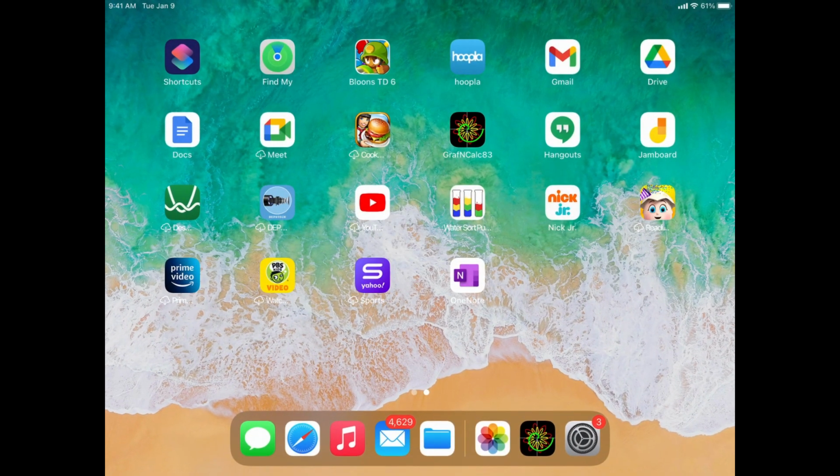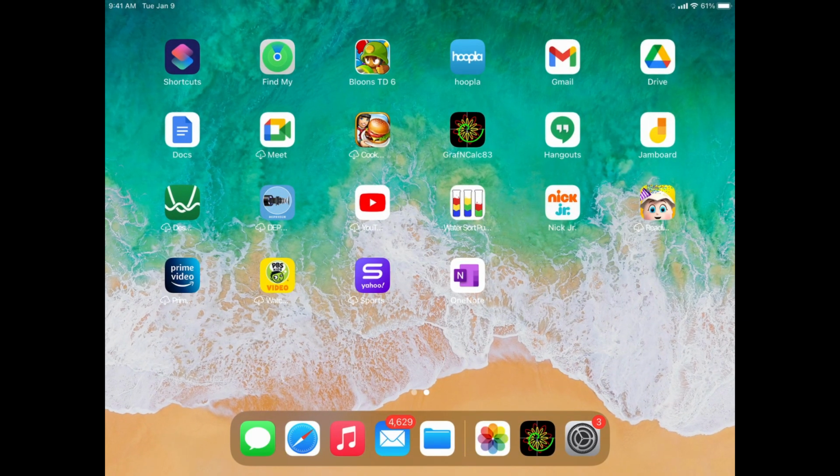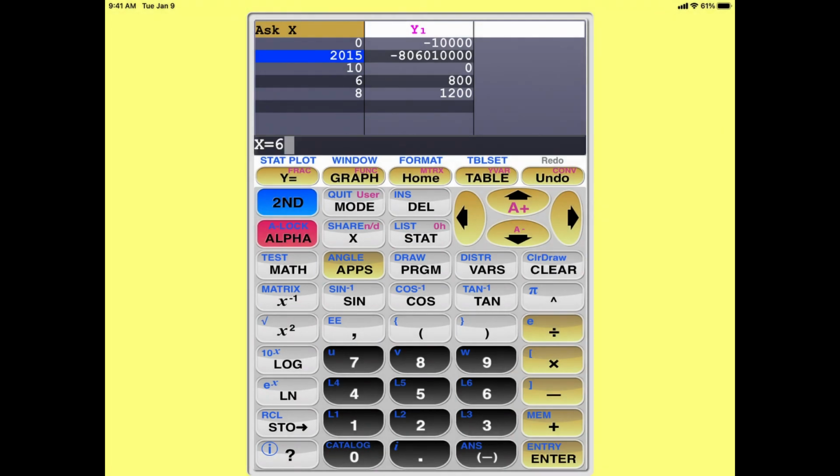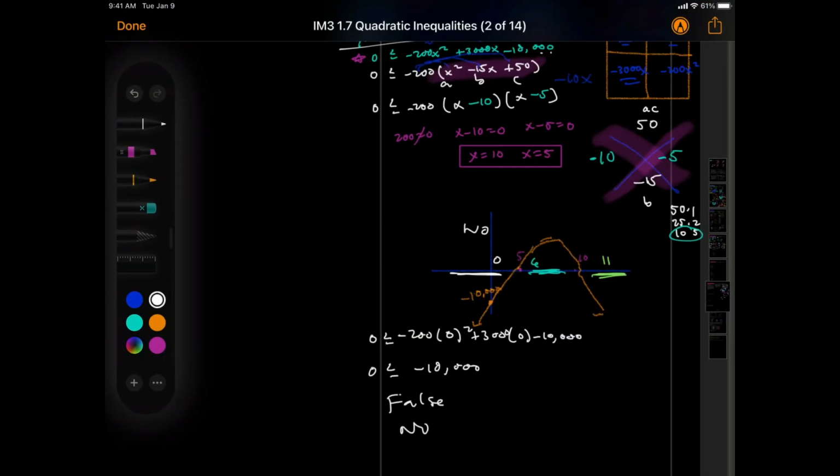So if I actually evaluated all of this, you would get negative 10,000. And is this true or false? This is false. So no shade. Now let's test 6. Press 6, enter. I get 800. So that was the blue region.